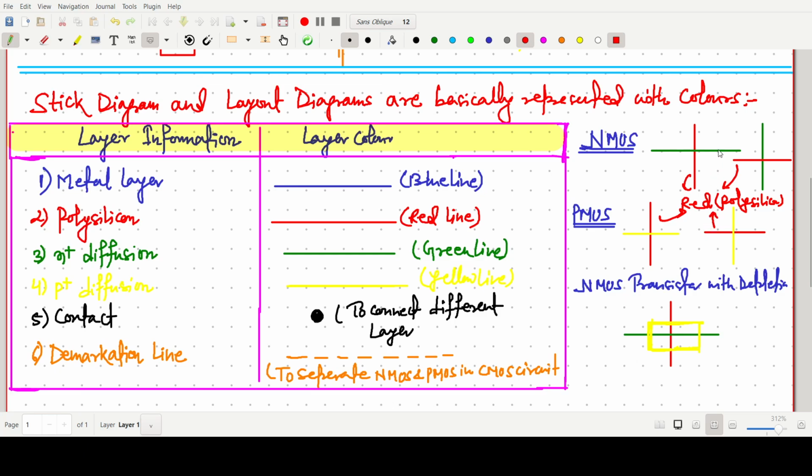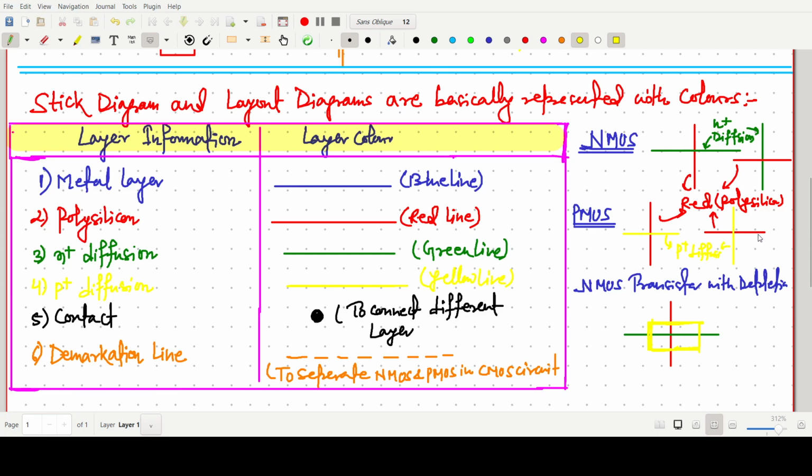And the green one is our N plus diffusion, this green color, this green color. And this yellow one is our P plus diffusion. So this is all about the simple representation.